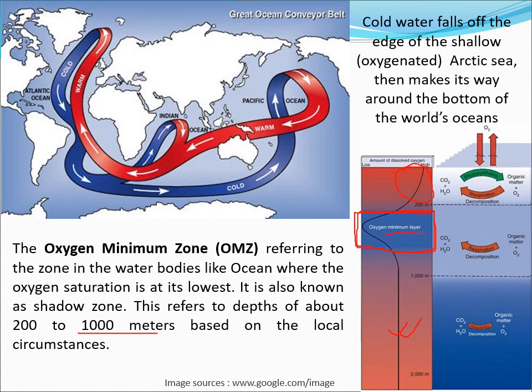So if an organism, after its death, is deposited in this oxygen minimum zone, its chance of fossilization is far greater compared to an organism deposited in the photic zone or further below in the bottom portions of the ocean. So it is the oxygen minimum zone.